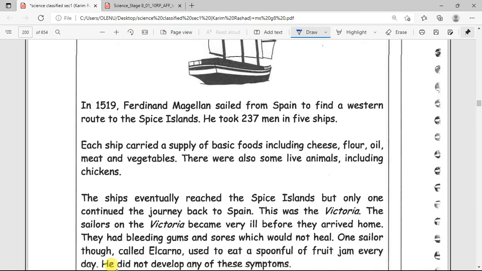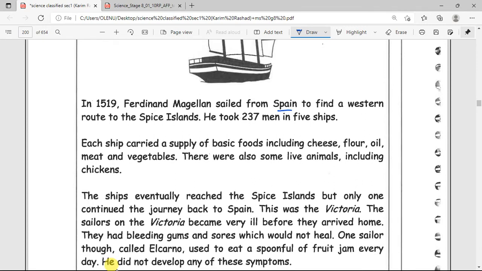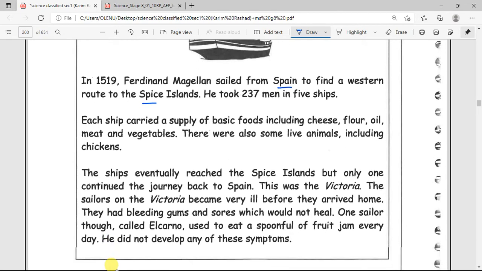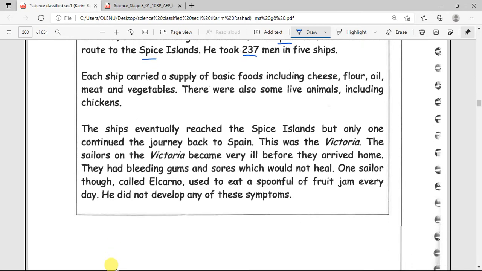In 1519, Ferdinand Magellan sailed from Spain to find a western route to the Spice Islands. He took 237 men in 5 ships. Each ship carried a supply of basic food, including cheese, flour, oil, meat, and vegetables.